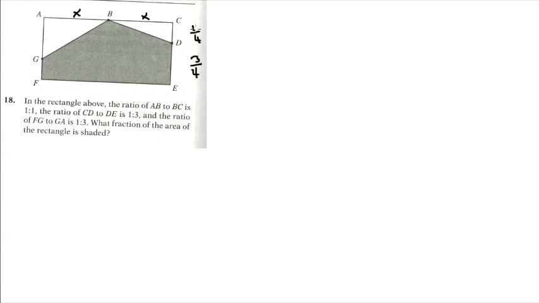So for every 1 that we have here, we have 3 down here. And FG to GA is a 1:3 ratio as well. So we have 1/4 to 3/4. What is the fraction of the area of the rectangle that is shaded?